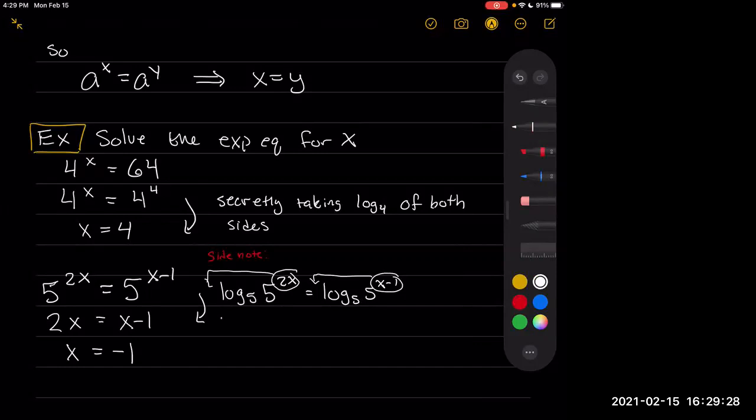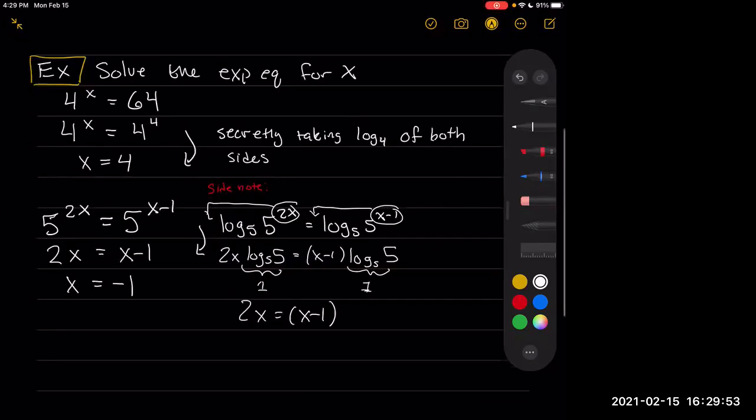So then we end up with 2x log base 5 of 5 equals x minus 1 log base 5 of 5. Well, this is 1, and so is this. So that way we get 2x equals x minus 1. So since it's one-to-one, we don't need to show these steps all the time. We can just quickly write it down.